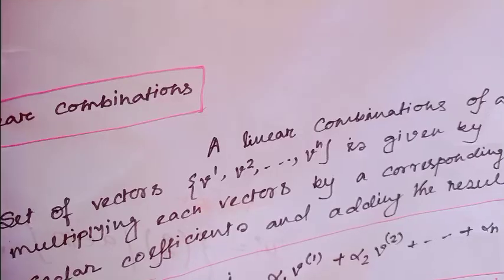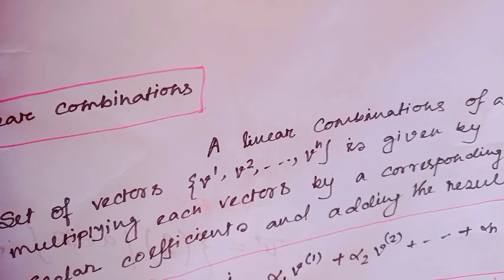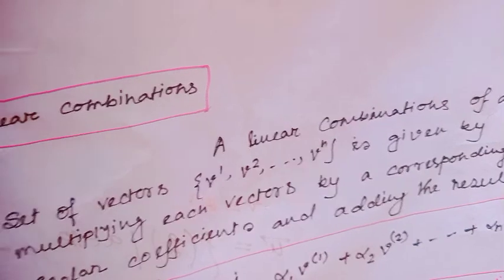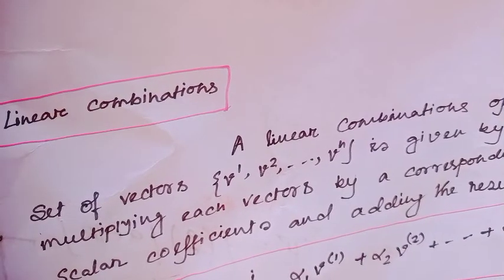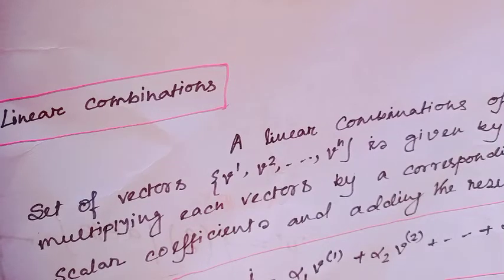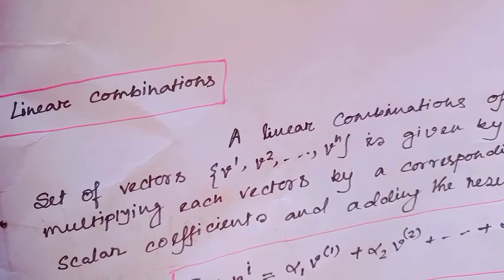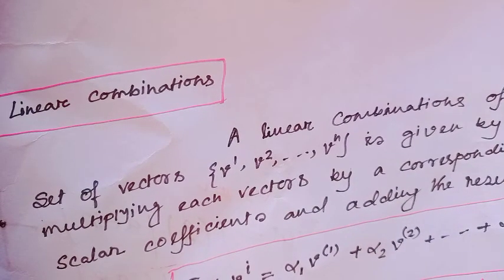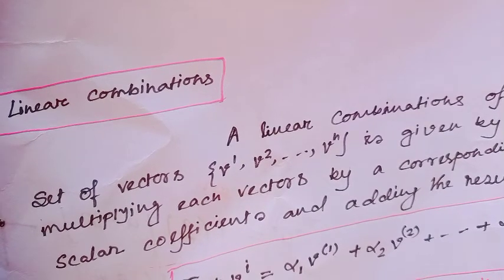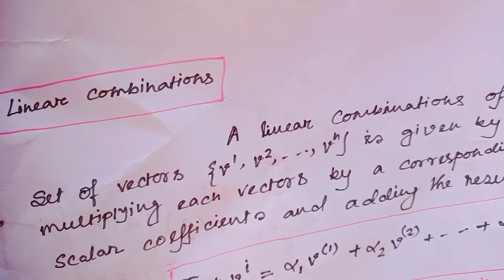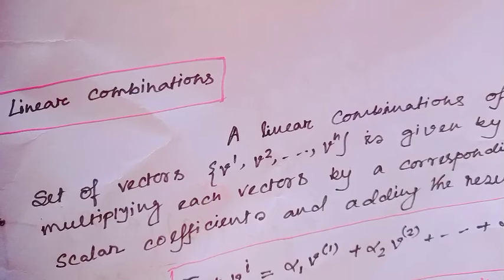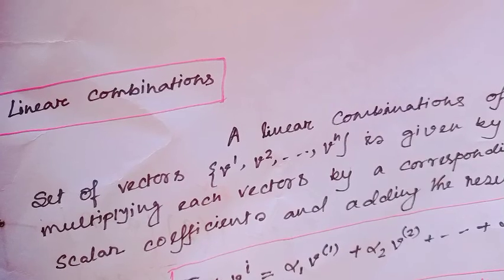I will discuss linear combinations and span of a vector space. I told you a few minutes ago, if we know the span of a vector space, then you can generate the whole space by vectors. At first, let's see what a linear combination is.